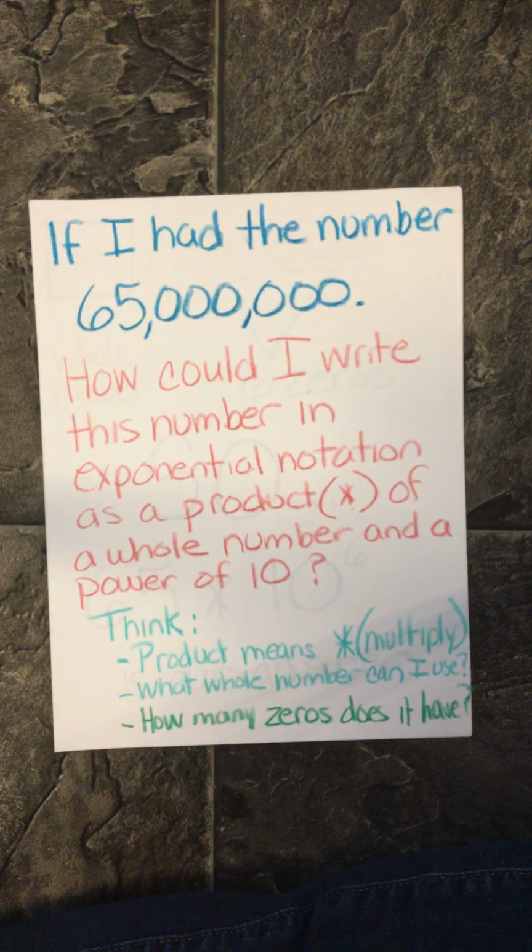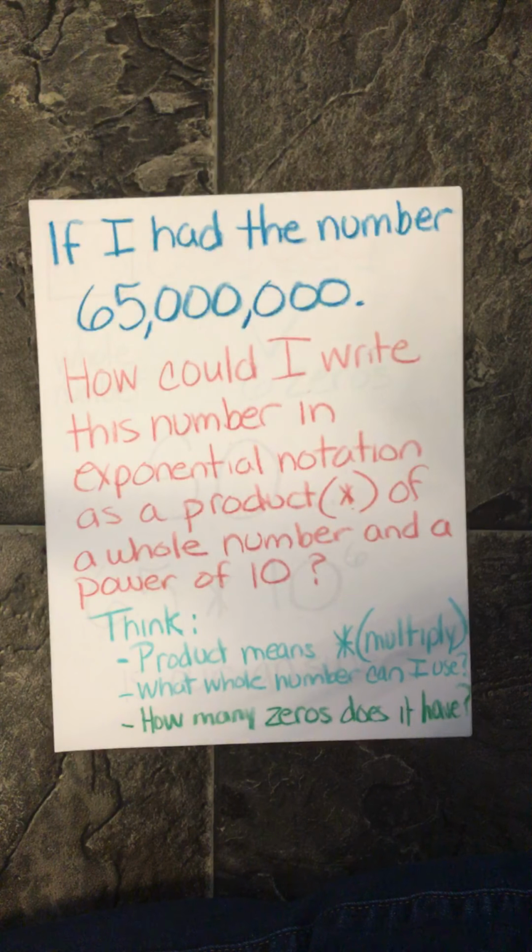If I had the number 65 million, how could I write this number in exponential notation as a product of a whole number and a power of 10? I want you to think, what do I know?